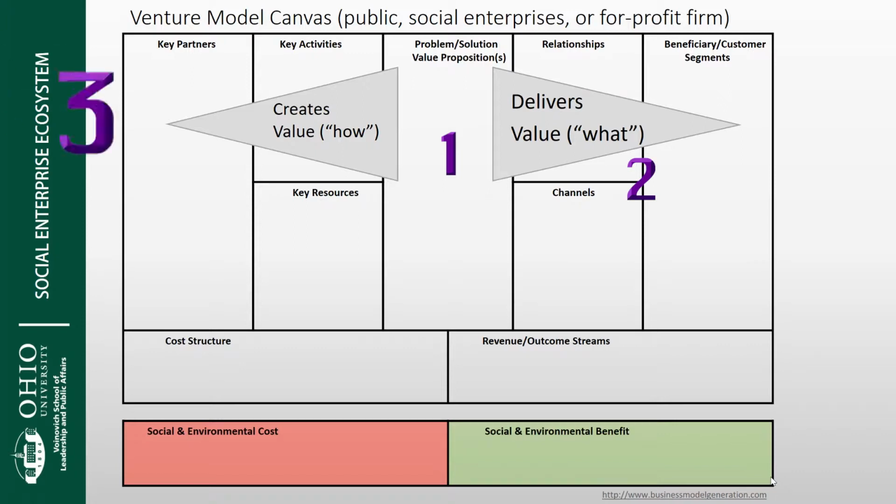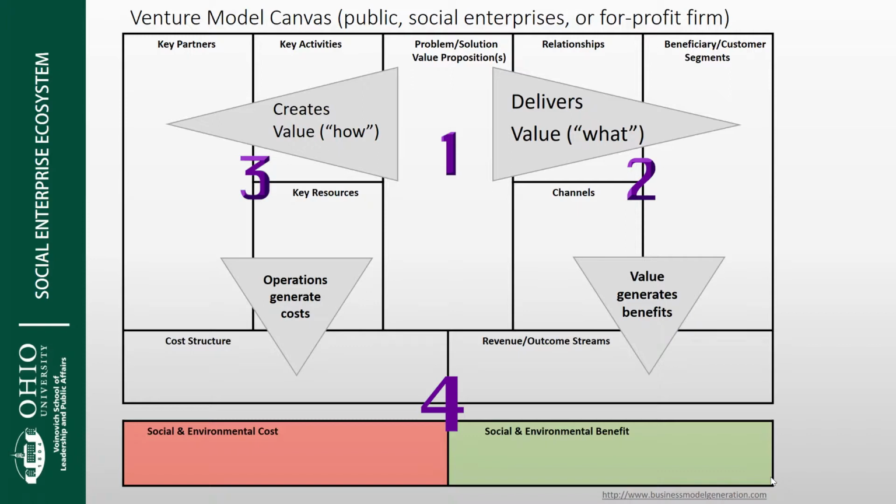The left side of the canvas is the place to brainstorm the implementation of the enterprise or projects, the partners needed, the activities to be undertaken, and the resources essential to those activities. Finally, Canvas users identify the fiscal, social, and environmental costs to implementation and the fiscal, social, and environmental benefits from providing this value to these beneficiaries.